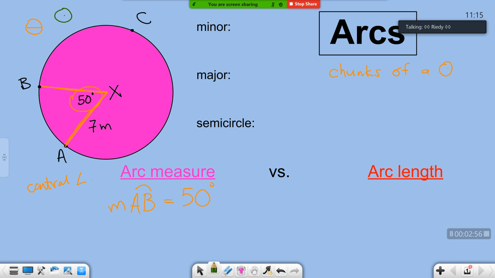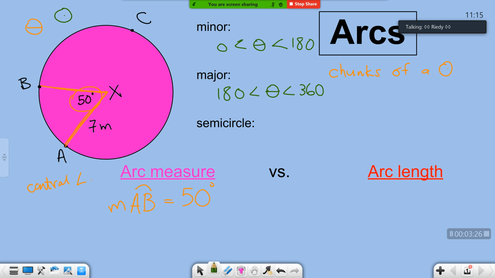It's a Greek letter, commonly used to refer to an angle. So a minor arc goes from 0, but less than 180. So this arc AB is what we would consider a minor arc. Major arcs go from 180 to 360.